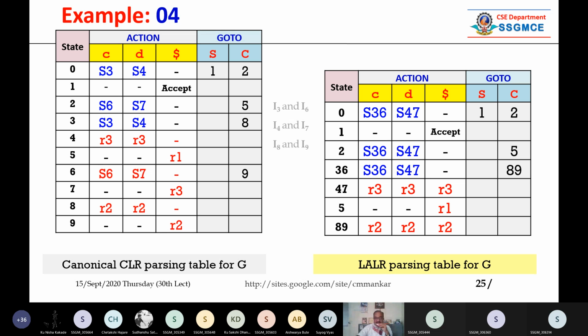See in line number 0 and line number 3, the 0 and third states, in the D column we are using S4, right? So in the LALR parser, we are using S47 in the D column. That thing you have to understand.